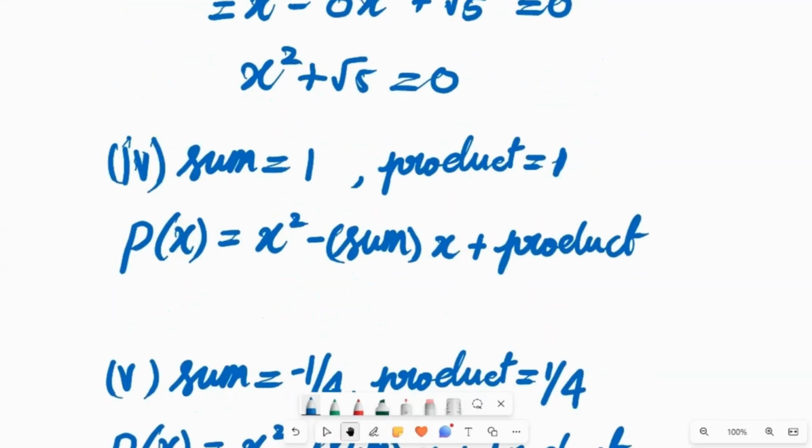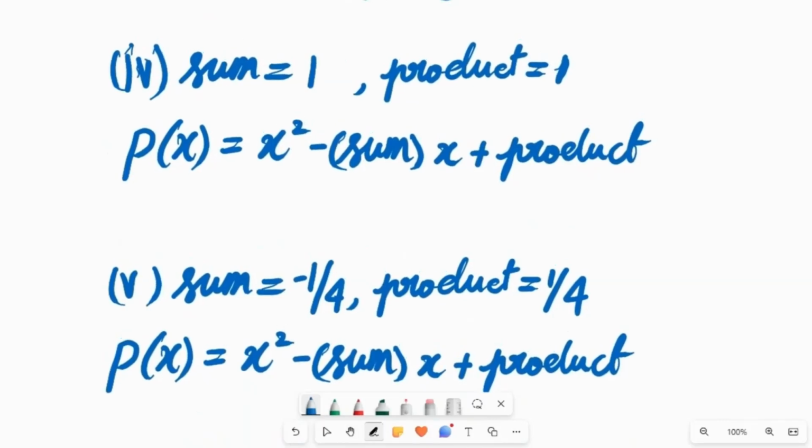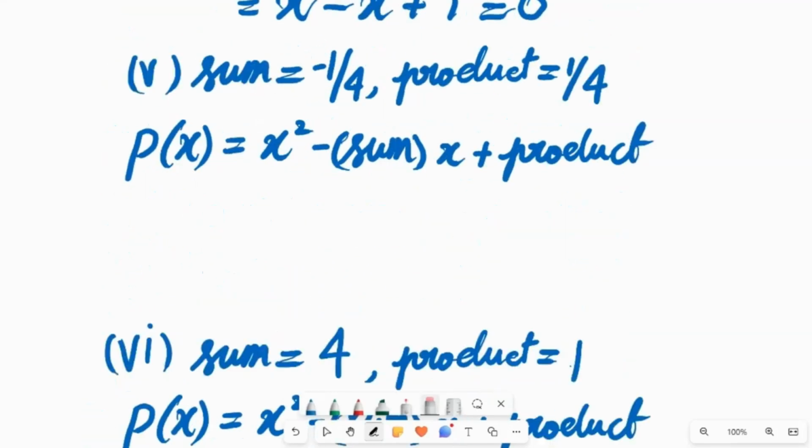Next one we have sum equal to 1 and product equal to 1. So the polynomial would be x² minus x plus 1 is equal to 0. And next fifth one we have sum equal to minus 1 by 4 and product equal to 1 by 4. So if I substitute it, I would get x² minus of minus is plus, so plus 1 by 4 into x plus 1 by 4 is equal to 0.